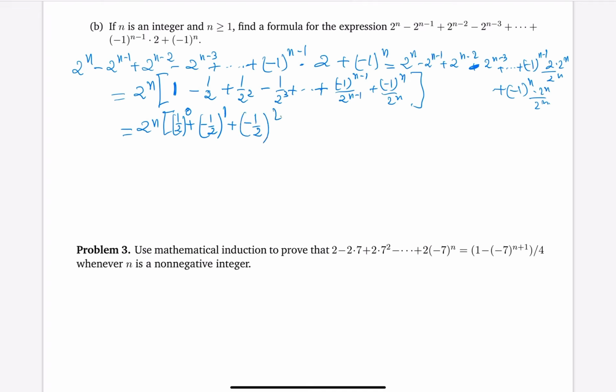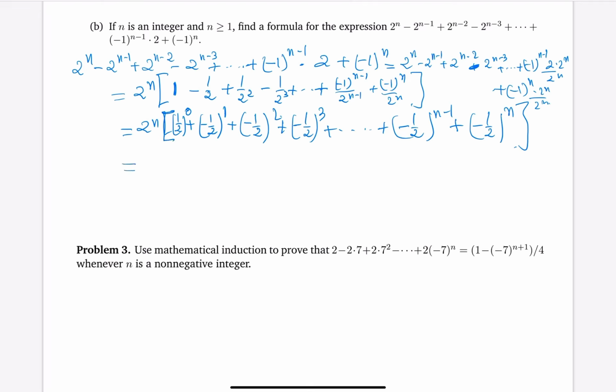It's just this one. And if you do also the next one, you have plus negative 1 over 2 to the third. And so on, you will have negative 1 over 2 to the n minus 1, and plus negative 1 over 2 to the n. You have this one.